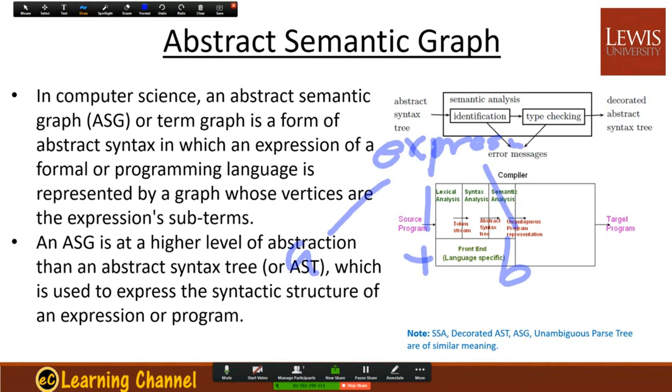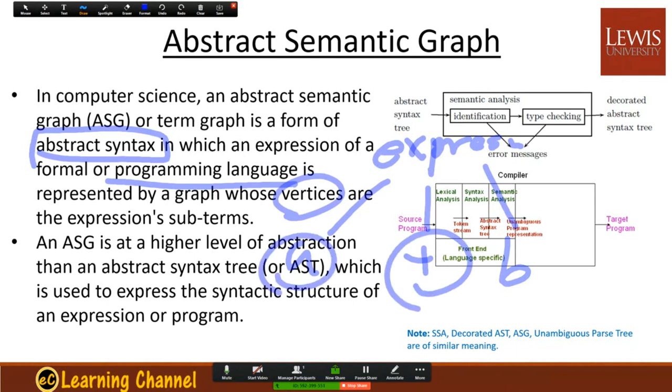So the syntax tree is a programming language expression whose vertices are the subterms, but actually it can be further extended. And they are decorated. You decorate it with type, with value, with different things over here. Later we will see in our lecture how to decorate that.